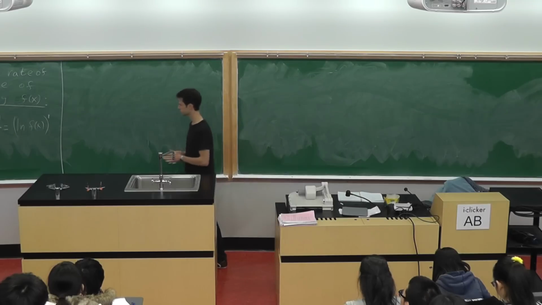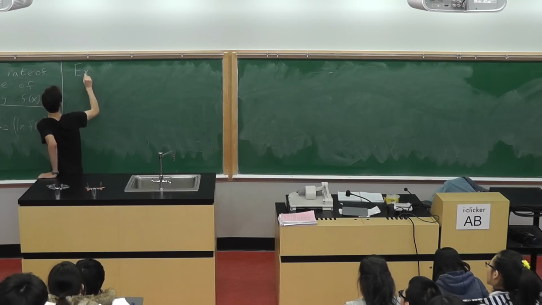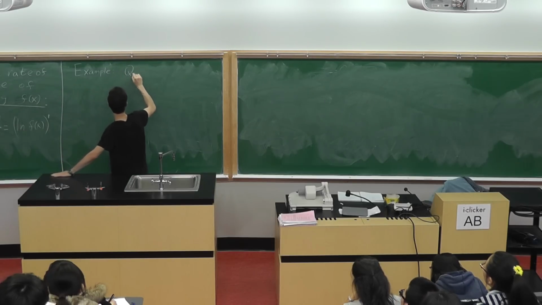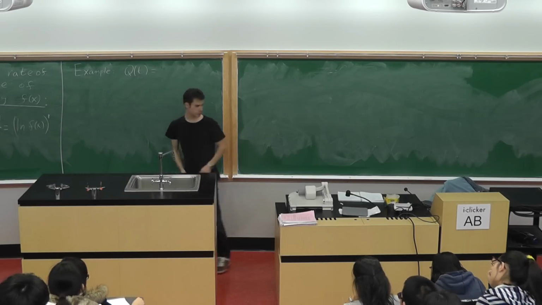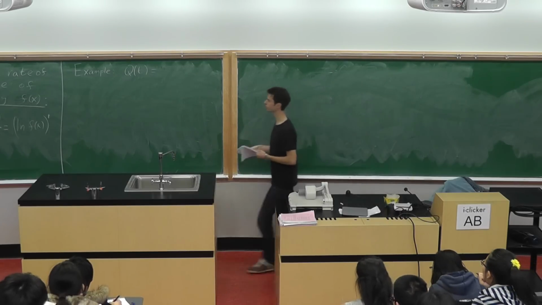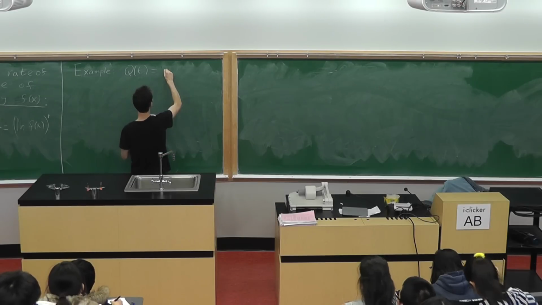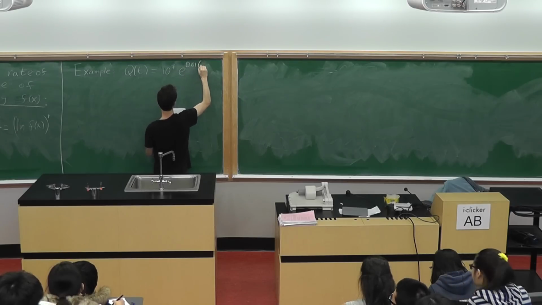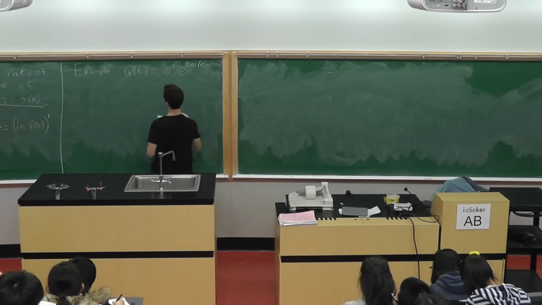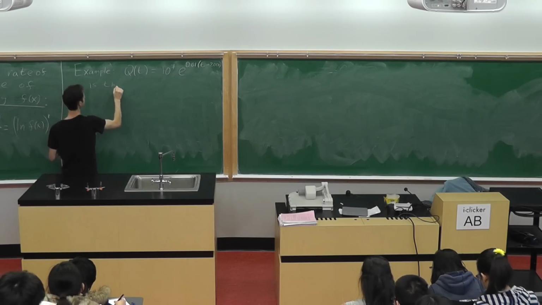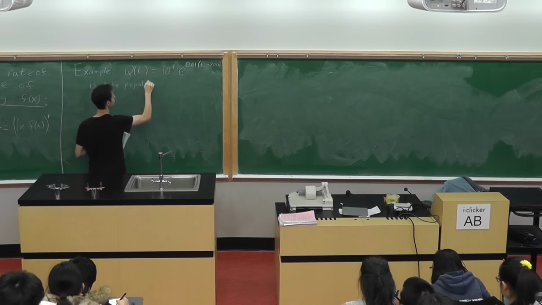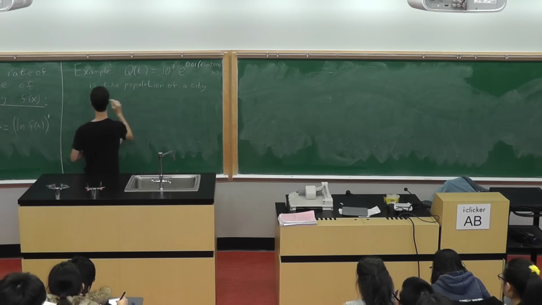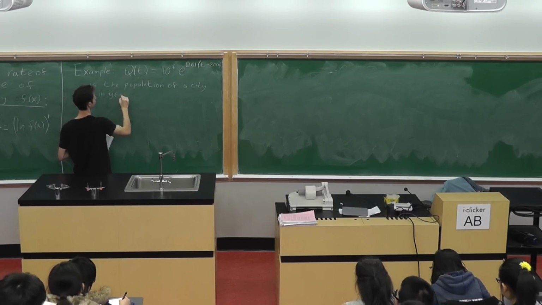Okay, so now let's look at some examples. Suppose that you have an equation describing population in a city: 10 to the power 7 times e to the power 0.01 (t minus 2000) is the population of a city in year t.